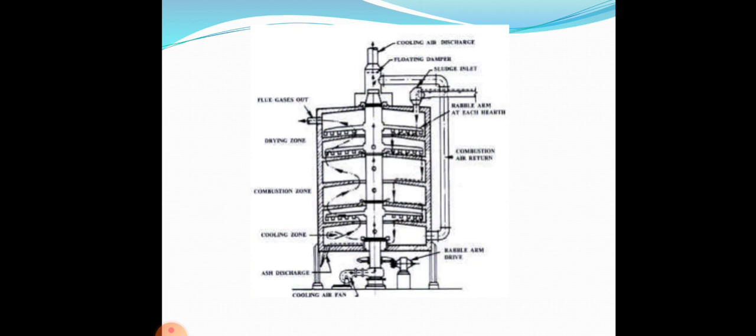The combustion air is injected at the bottom of the furnace and moves counter current with the sludge. Here the drying takes place in the upper hearths of the furnace as a result of the counter current combustion gases. This is multiple hearth incineration.